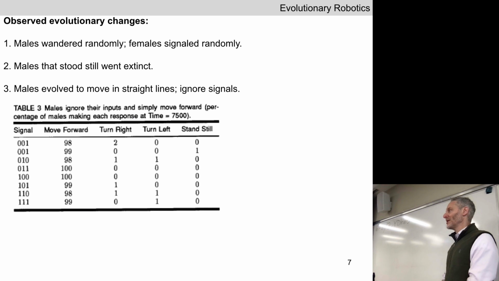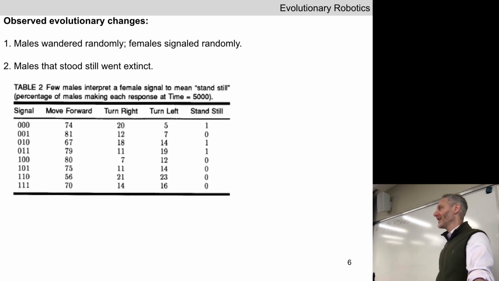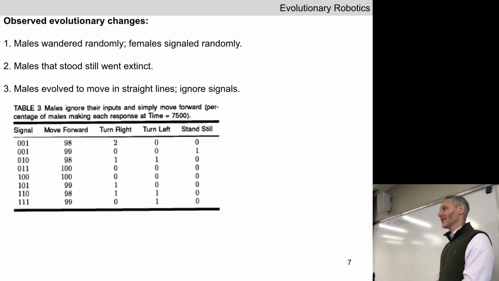Here's 7,500 time steps into the evolutionary history of this planet. What's happening? If the females were starting to evolve signaling, it's lost on these particular 8,000 males.